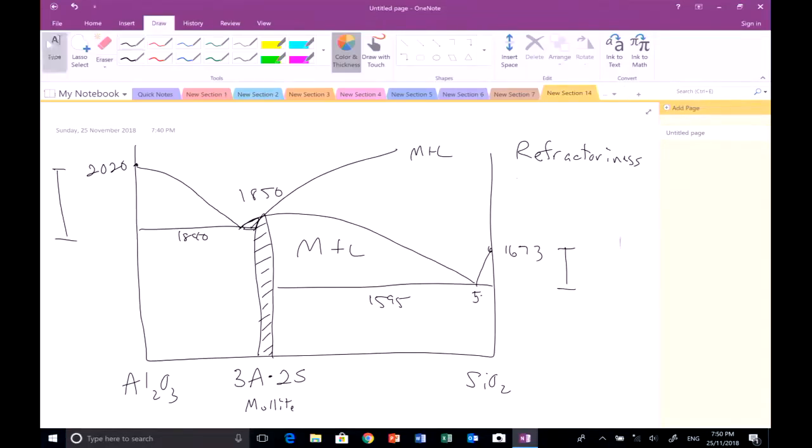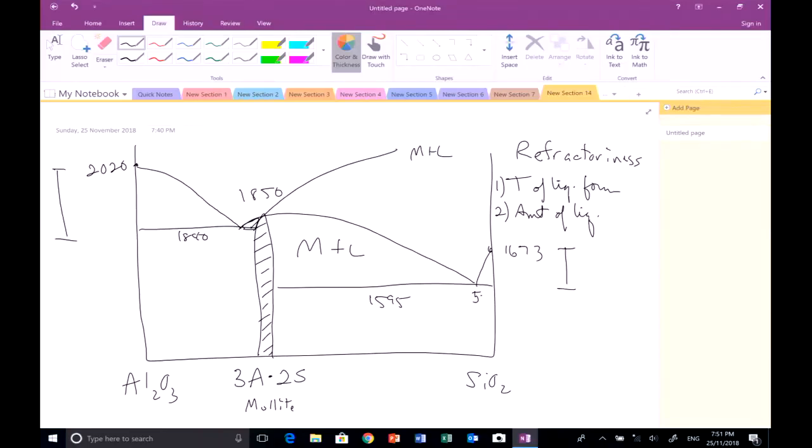It depends on the temperature of liquid formation, but it also depends on the amount of liquid. Okay, it's those two things. Usually, if we're just doing a quick assessment, we just look at when the liquid forms. We have to do both to get it right.